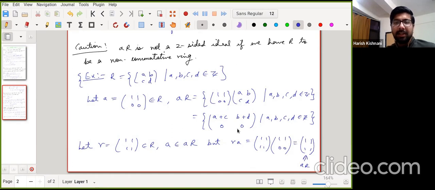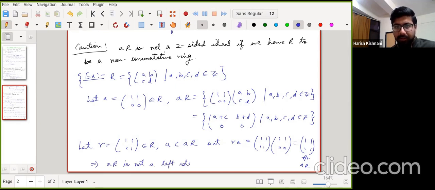You can see that in the definition of AR, the second row is 0, so it's not inside AR. So this set is not closed under multiplication with the elements of the ring. So this implies that AR is not a left ideal.